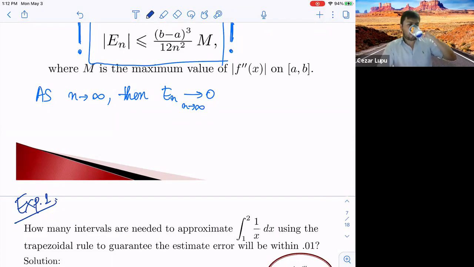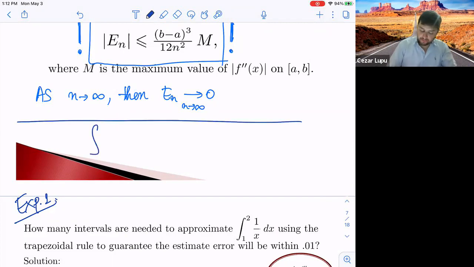First, let's see about this one. What do you think of this one here? This integral from 1 to 2 of 1 over x dx, can you give me the exact value? What is it? Come on, tell me, what is it?